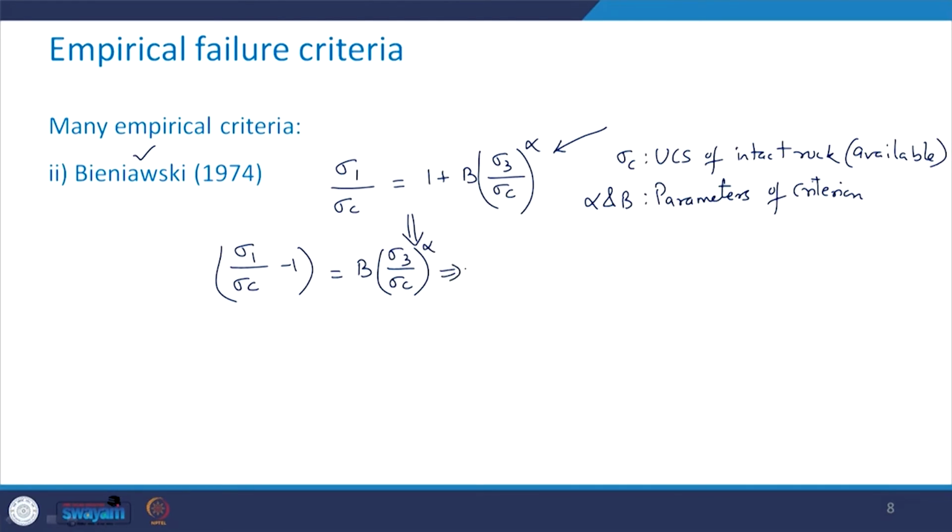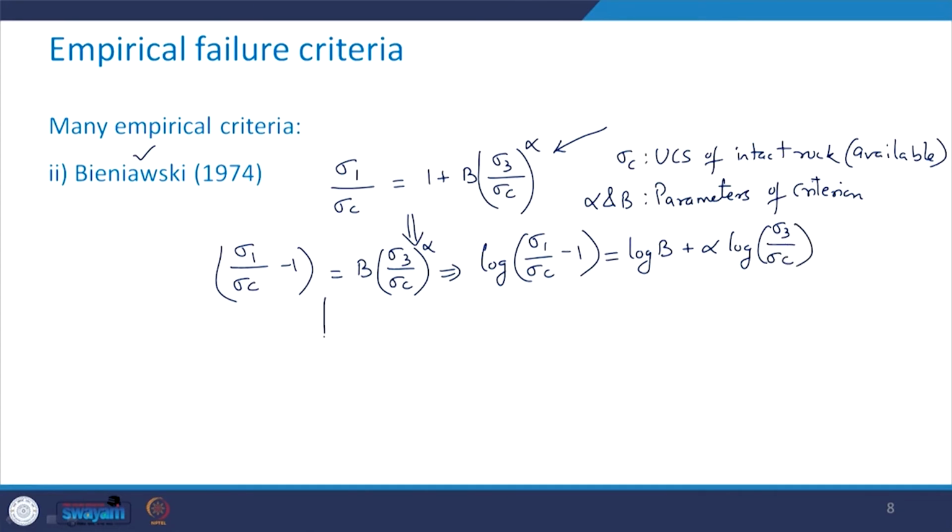Again take log. So you are going to get log of sigma 1 upon sigma c minus 1 equal to log of b plus alpha log of sigma 3 upon sigma c.